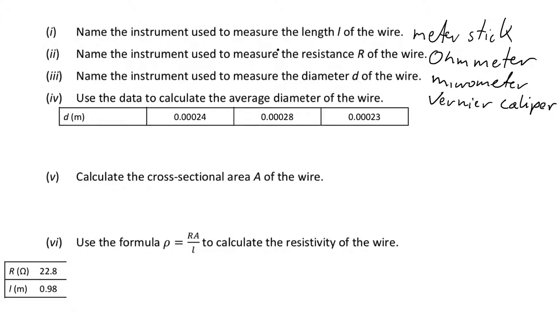Now, in this experiment, the student took three measurements of the diameter. They are listed in the table. And we have to use the data to calculate the average diameter of the wire. To calculate the average diameter, we need to sum all the measurements.